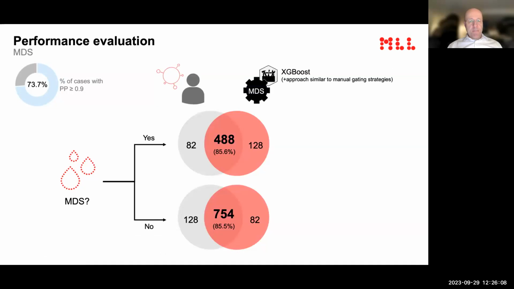MDS is the disease most recently introduced because it's, I think, the most difficult disease to diagnose flow cytometrically. And therefore we anticipated that we would start with a rather low accuracy of 85%.